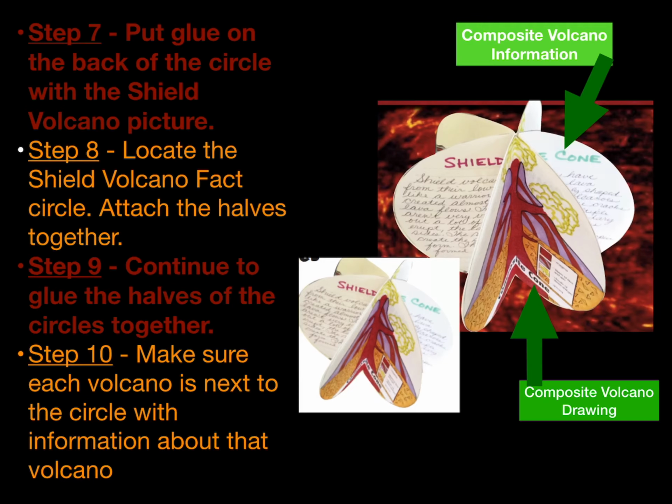The section that's next to it on the right is the composite volcano information section. And so you should make sure that the two that go together are stuck together. All right, hopefully that makes sense to you. It shouldn't be composite volcano picture, shield volcano picture, cinder volcano picture, and then all of the information on the other side. They should kind of alternate.